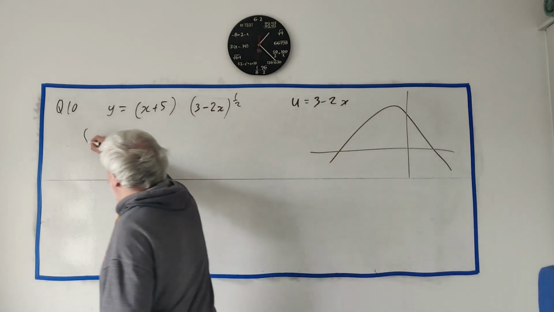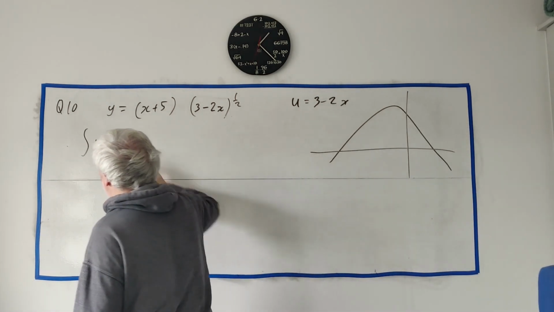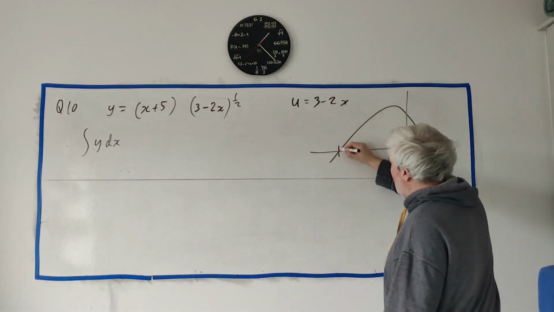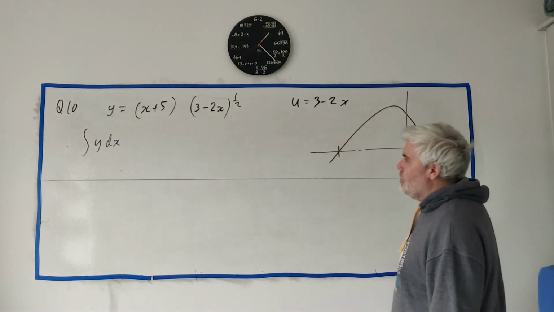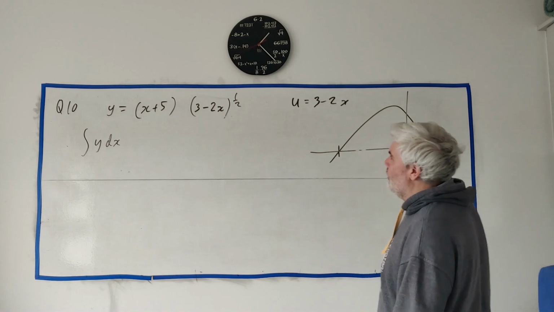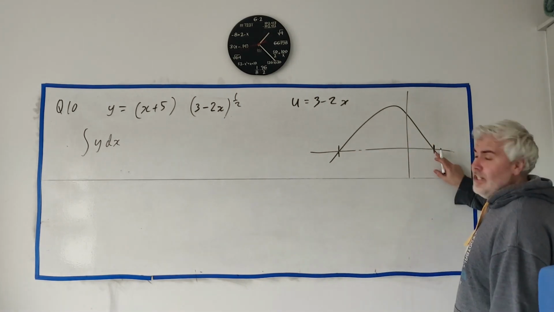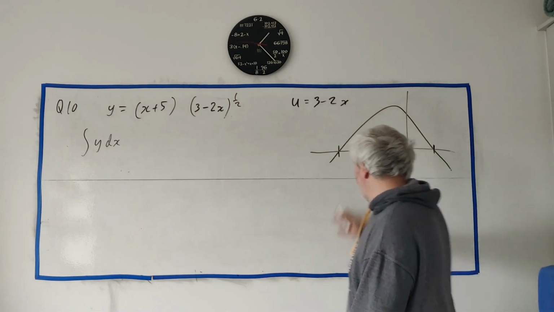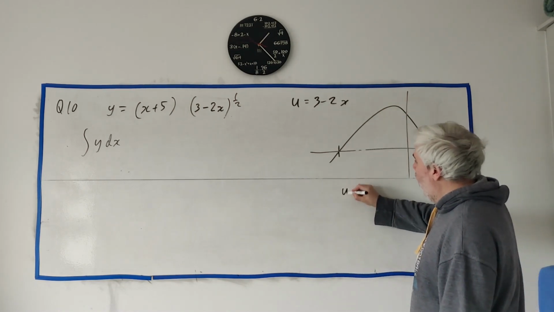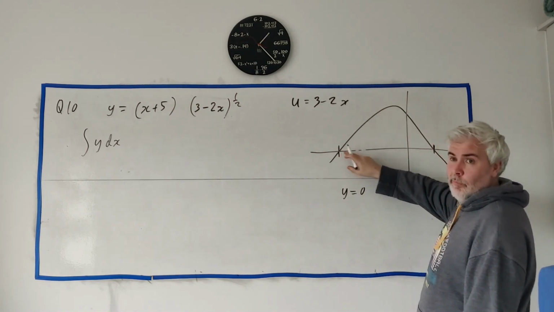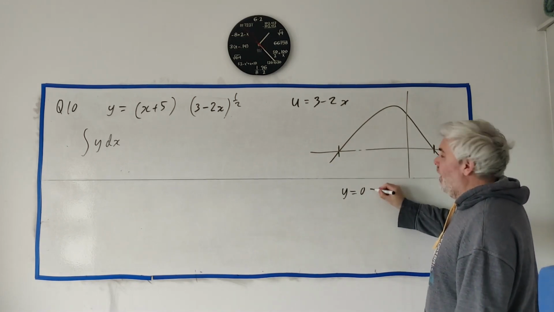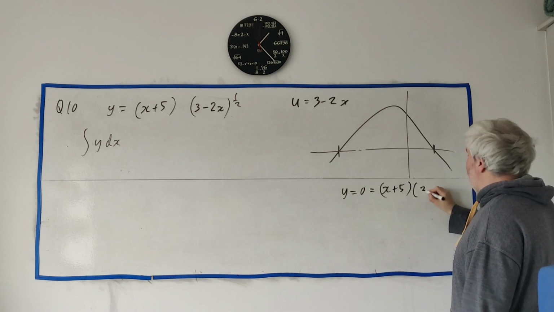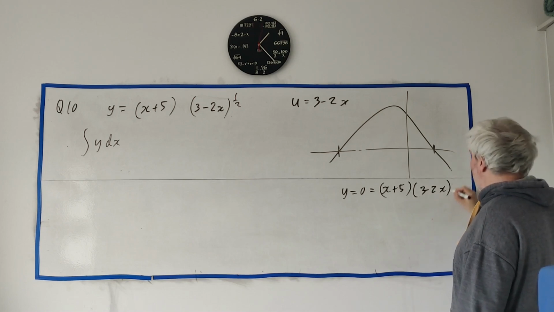We're just going to integrate y with respect to x between these two numbers here, whatever these two numbers are, which I guess will probably be the first thing we should do. Let's find these two numbers. We can find that by setting y equals 0, and y also equals x plus 5 multiplied by 3 minus 2x to the power of a half.